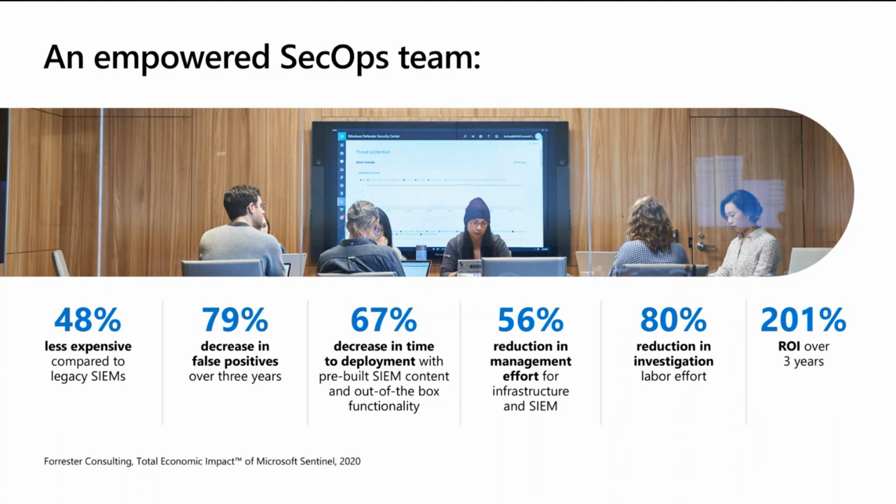80% reduction in investigation labor effort. I told you in the beginning that you will not read 3 million lines of data. The SIEM will do that for you, right? Last but not least, ROI over 3 years. ROI means return on investment.